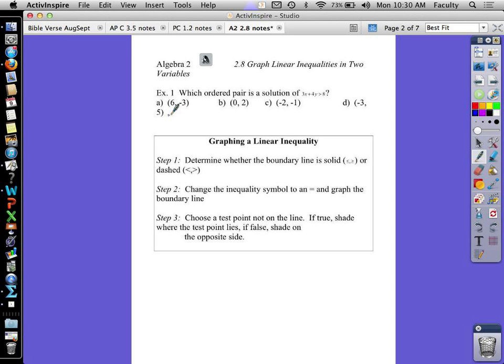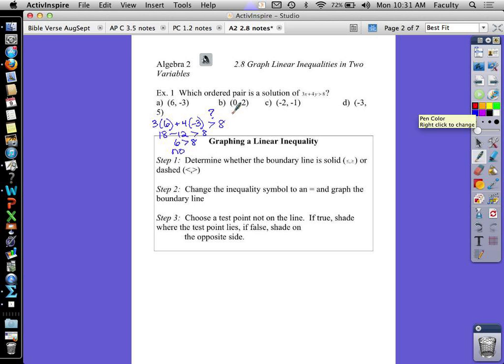So you take 3 times the x value plus 4 times the y value. Since I'm testing and I'm not sure, I like to put a question mark above my inequality symbol because that's what I'm trying to figure out. So this gives me 18 minus 12. Is 6 greater than 8? No.